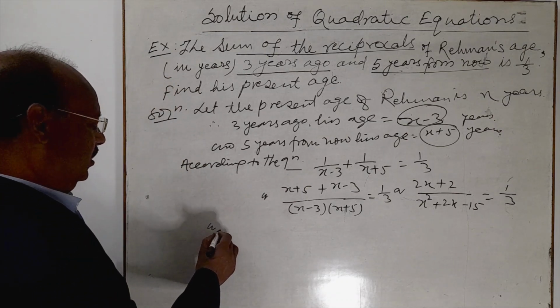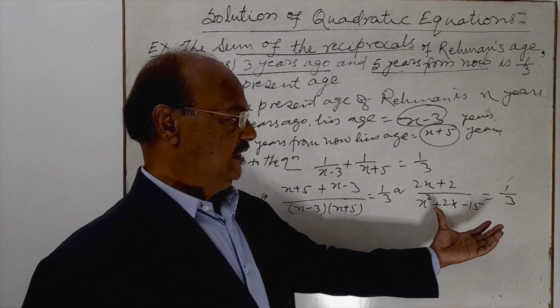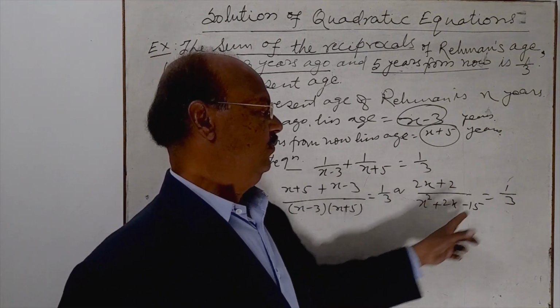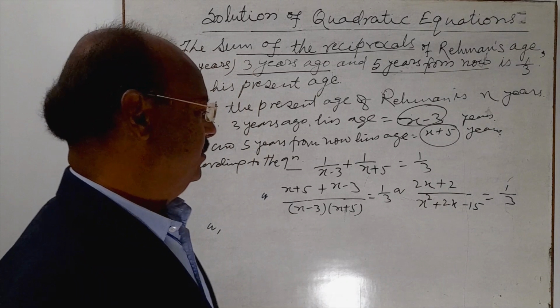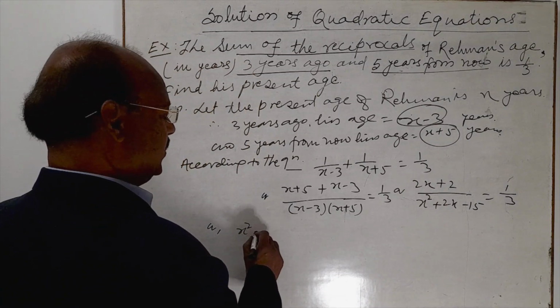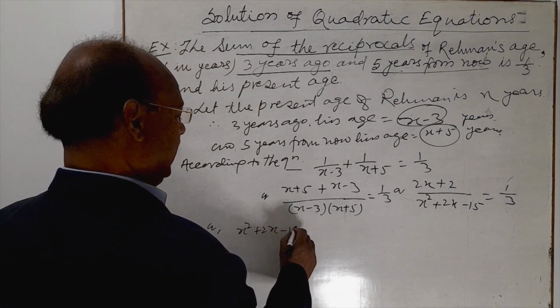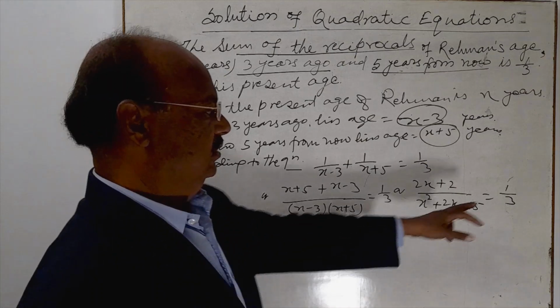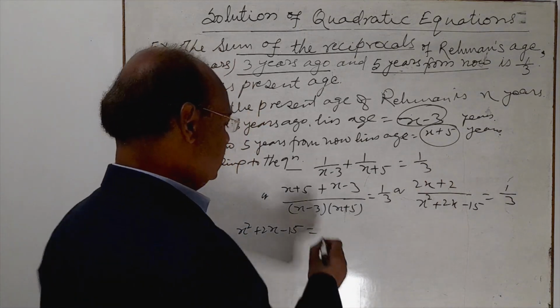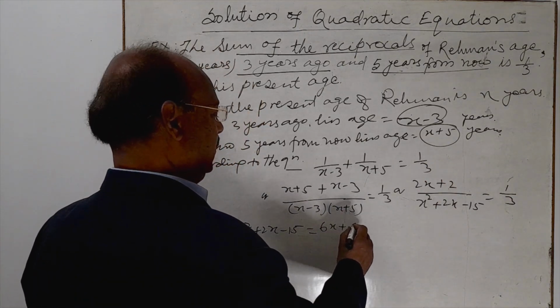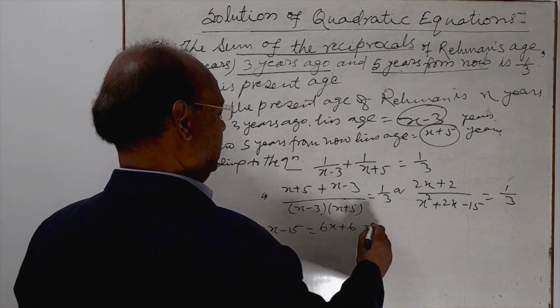Now we will simplify further by cross multiplication. 1 into this much gives us x square plus 2x minus 15 is equal to 3 into this much, means 6x plus 6. Correct?